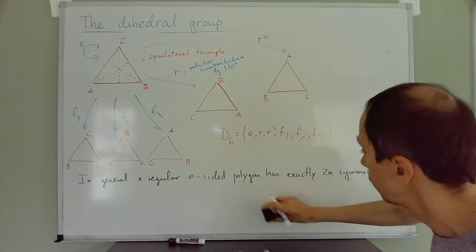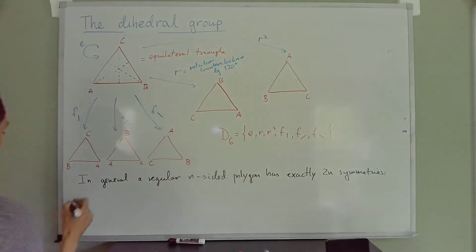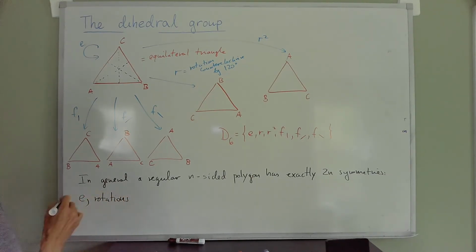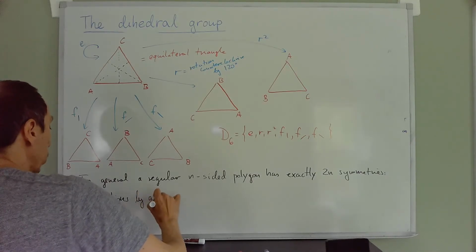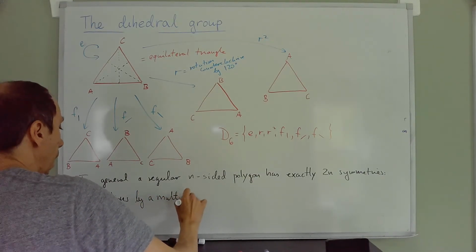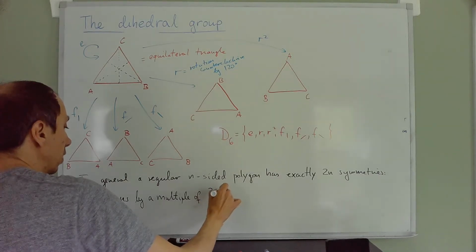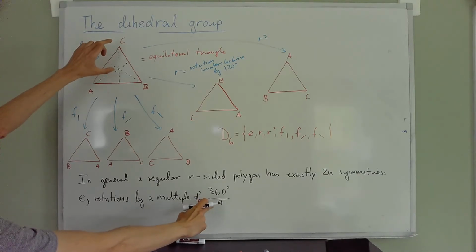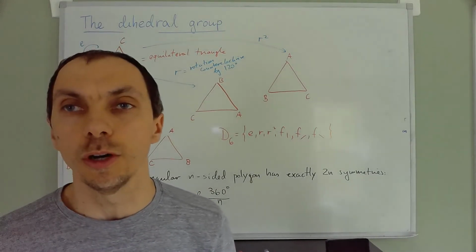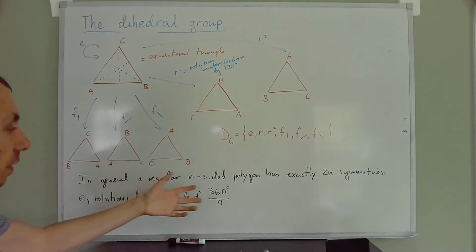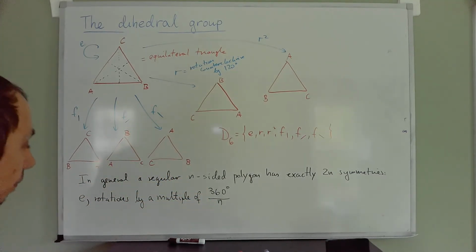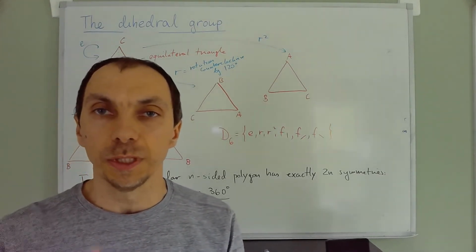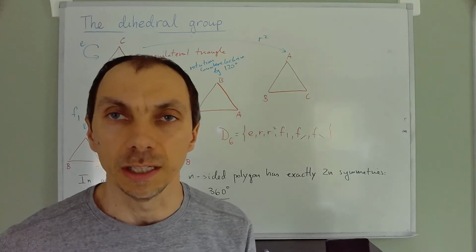Half of these symmetries are rotations, so the identity and rotations by a multiple of 360 degrees divided by n. In this case, n was 3, so it was by 120 degrees. In the case of a square, n was 4, so that was 90 degrees. In the case of a pentagon, you of course get 72 degrees. So you get r squared, r cubed, r to the 4th, and then the one that does nothing, the identity.